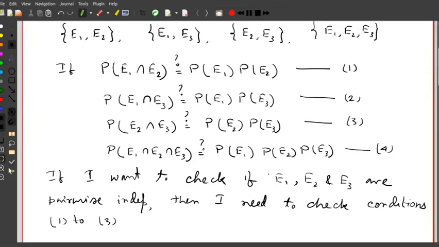So to check if E1, E2, E3 are pairwise independent or not, I have to take any two from this collection E1, E2, E3, and I need to check whether the probability of the intersection can be written as the product of the probabilities.